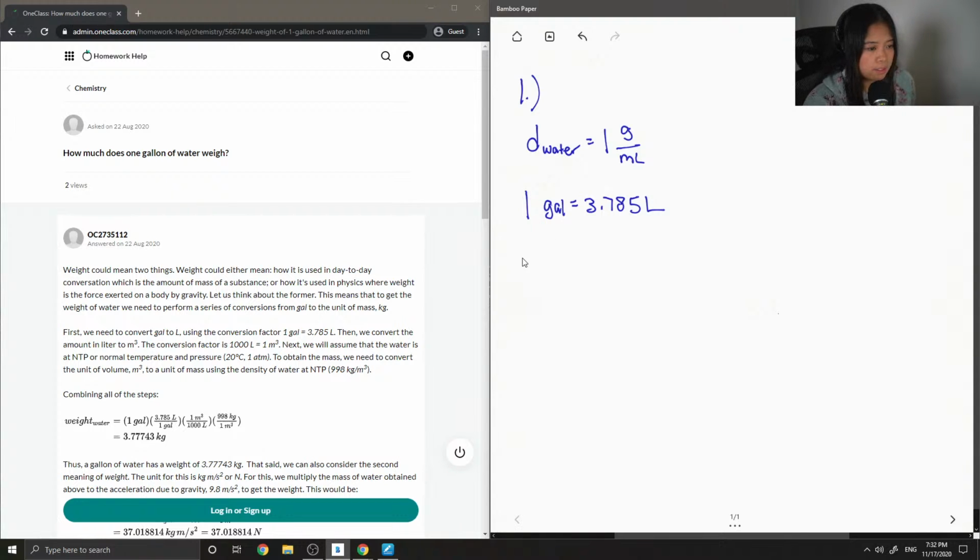To find out how many mils that is, let's also recall that in 1 liter, there is 1,000 milliliters. Okay, so I have everything I need to know to answer this question.